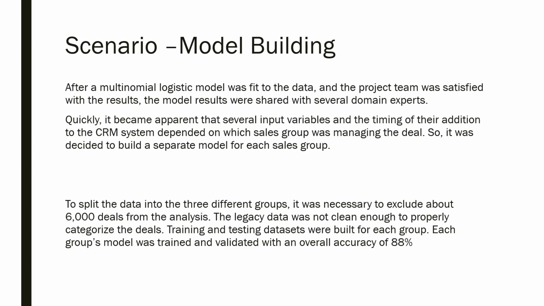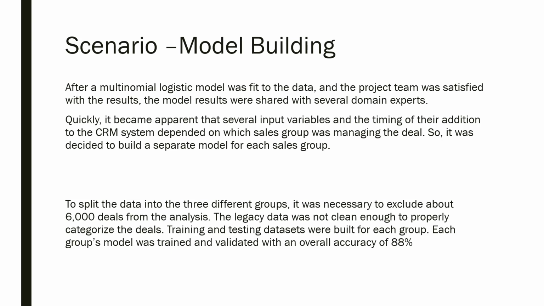After the multinomial logistic model was fit to the data and the project team was satisfied with the results, the model results were shared with several domain experts. Quickly, it became apparent that several input variables and the timing of their addition to the CRM system depended on which sales group was managing the deal. So it was decided to build a separate model for each sales group.